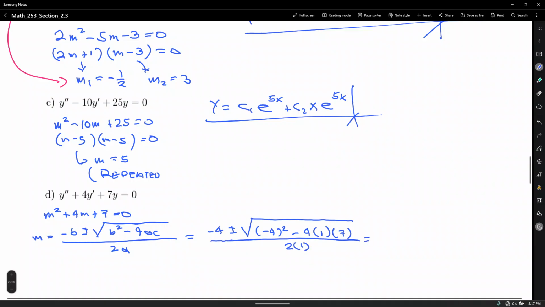Let's simplify the radicand. Negative 4 plus or minus the square root of 16 minus 4 times 1 times 7. Is that 28? Yes.